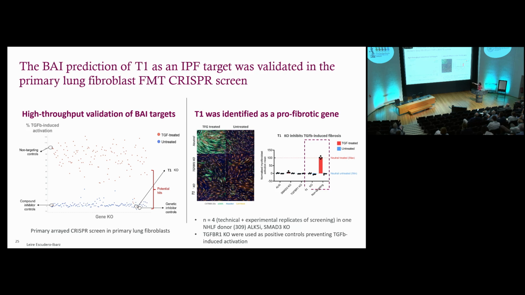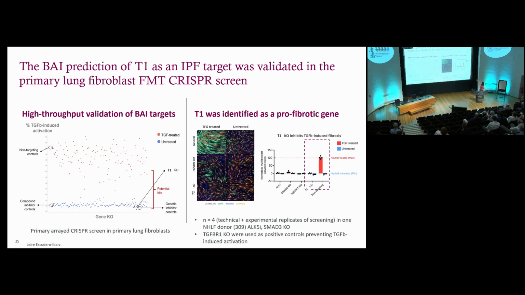However, there are some hits that clearly inhibit the TGF-induced fibrosis. And these are the targets that we really need to have a closer look at and investigate in more detail. On the right, you see a close-up of how the plot on the left was generated.